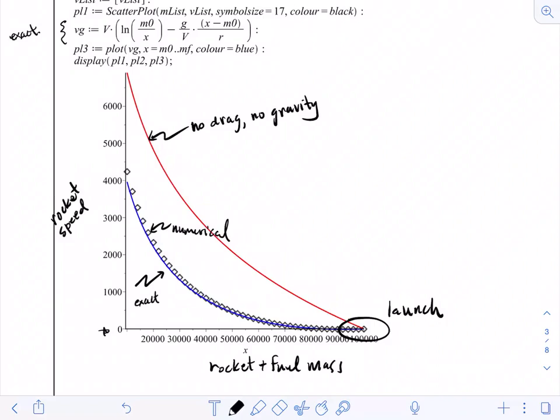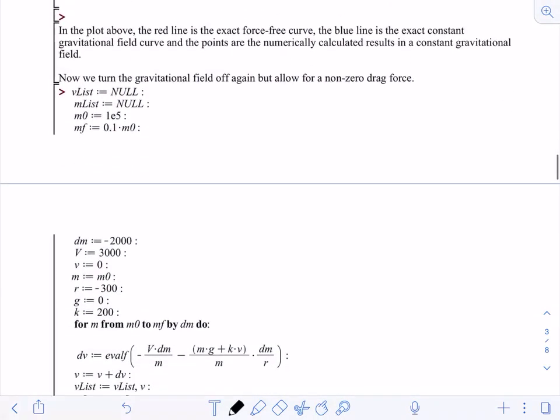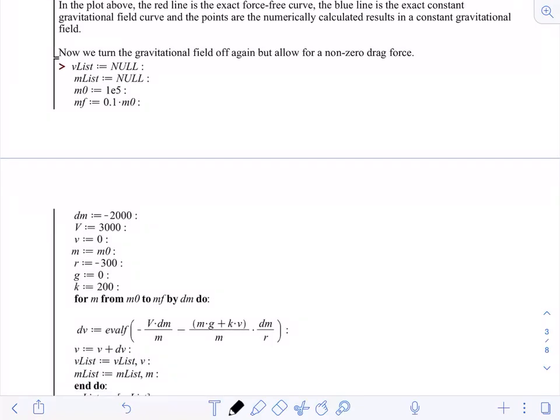It starts from rest. Then as we burn fuel, we increase the rocket speed. Over here is burnout, when we get to a final mass of, I guess, 10,000 kilograms after we've burnt all our fuel. Okay, so that's good.